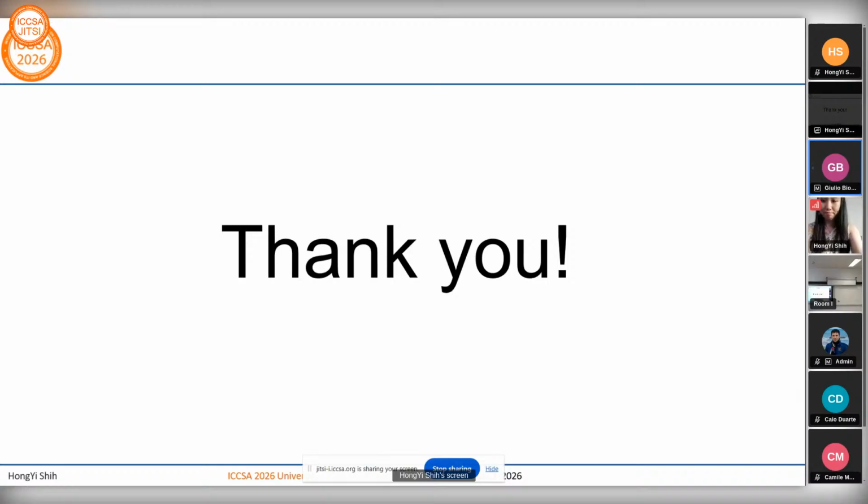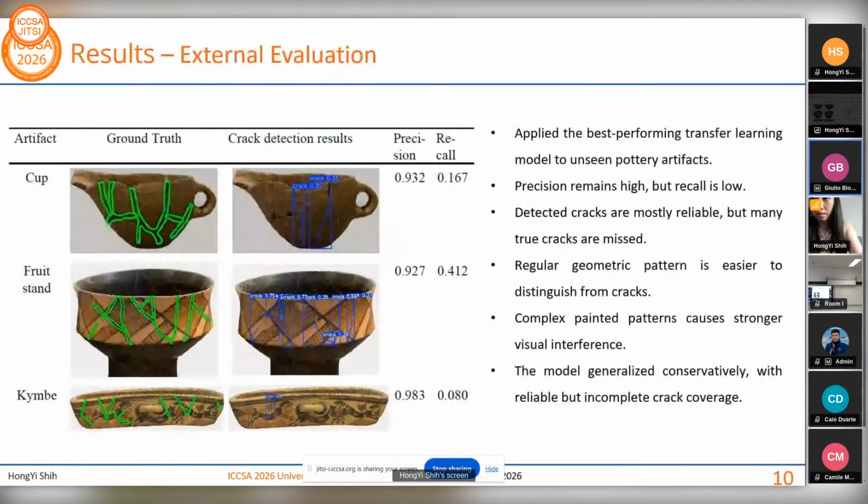If not, I have a quick one. I've seen that the external evaluation tells mostly that the cracks detected are correct, but some cracks remain undetected. So did you try applying the same transformations you applied during the training process to the test set, just to have another look if any of the factors impacts more on the detection?